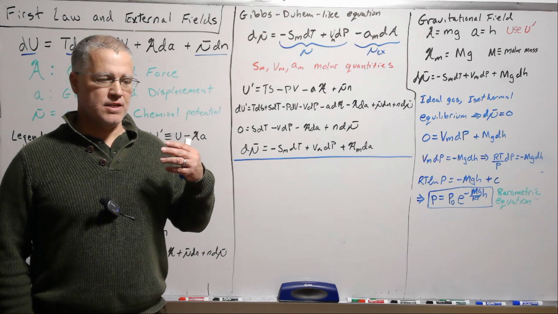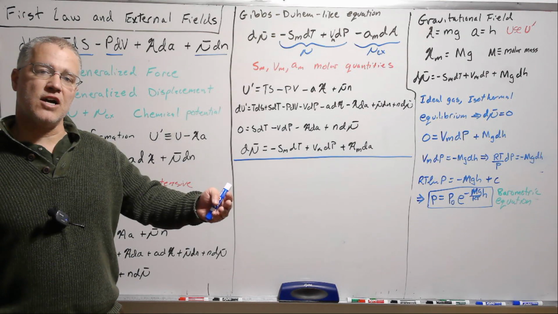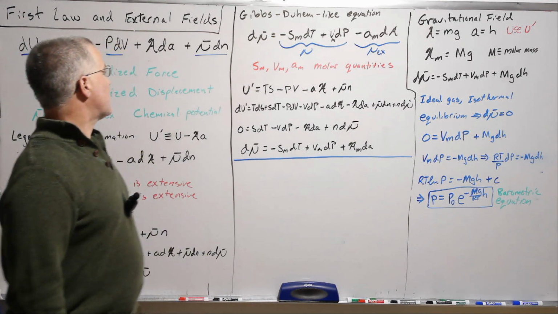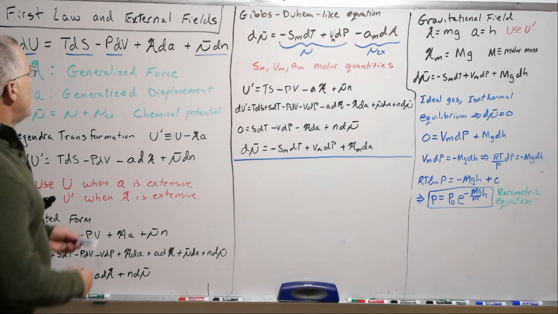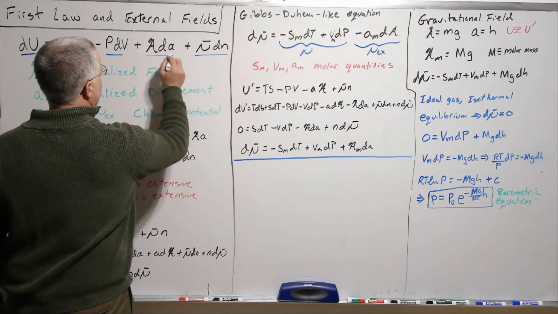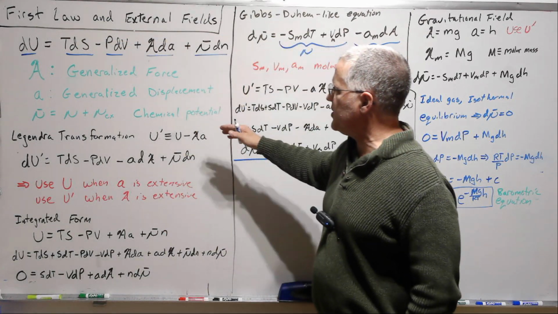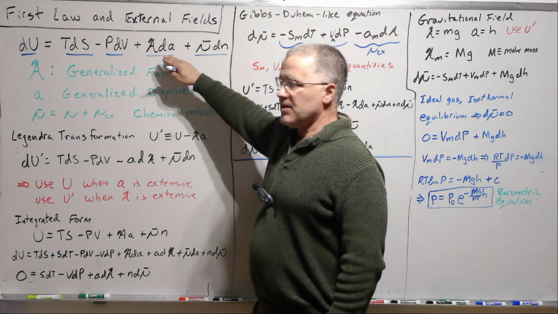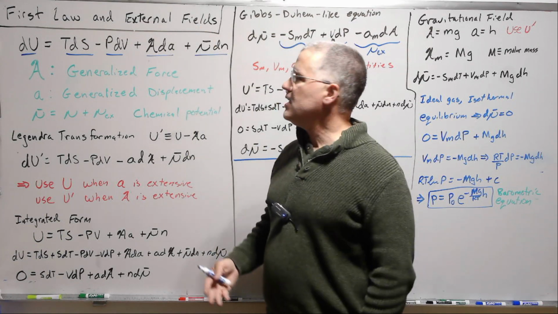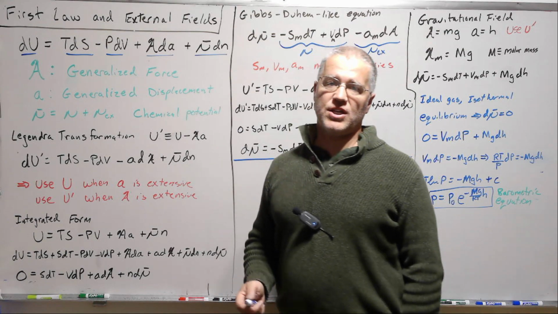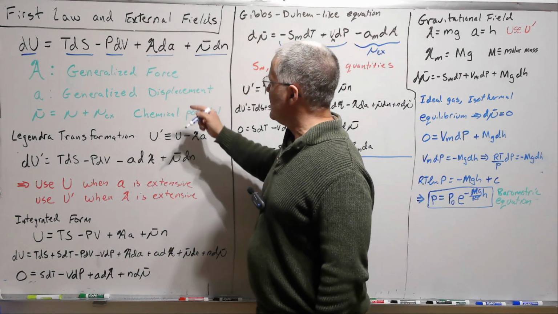So this will be the chemical potential plus the contribution to the chemical potential in the current situation, which would be in the field. Now, the field will be characterized by a generalized force, generalized displacement term. This isn't completely general. This will just apply to external fields in this mini course, but it certainly could apply more generally, such as surface tension or something like that, but we're not going to worry about that.